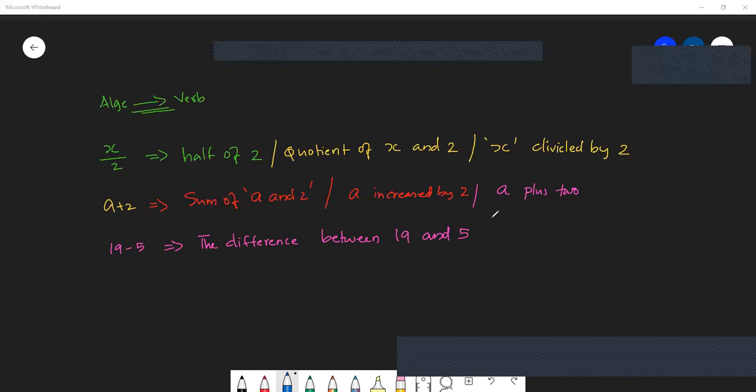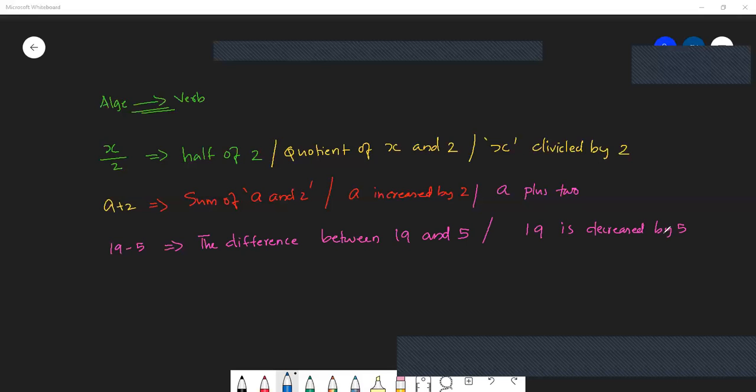Or we can say that 19 is, because it is a subtraction sign, so it is a decrease, so 19 is decreased by 5. That is another way to express the algebraic expression 19 minus 5 verbally.